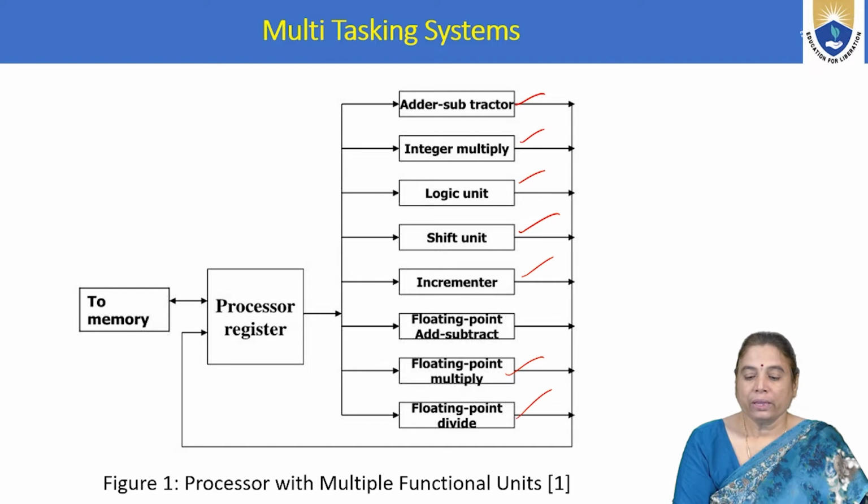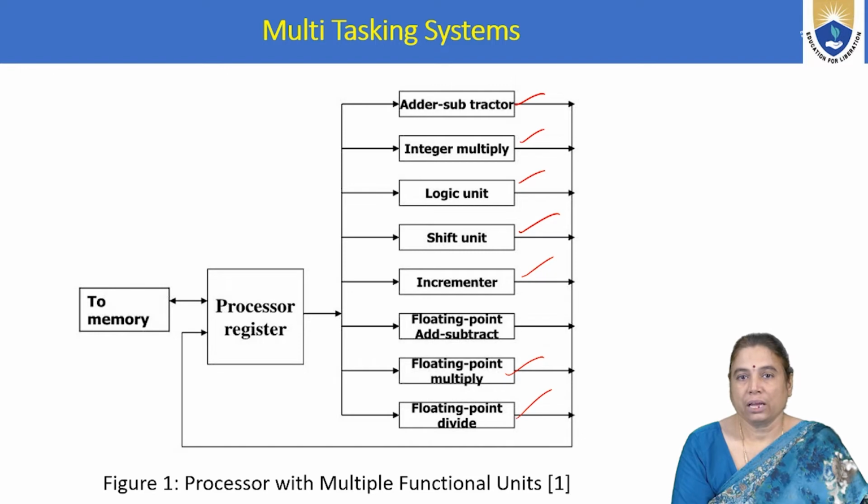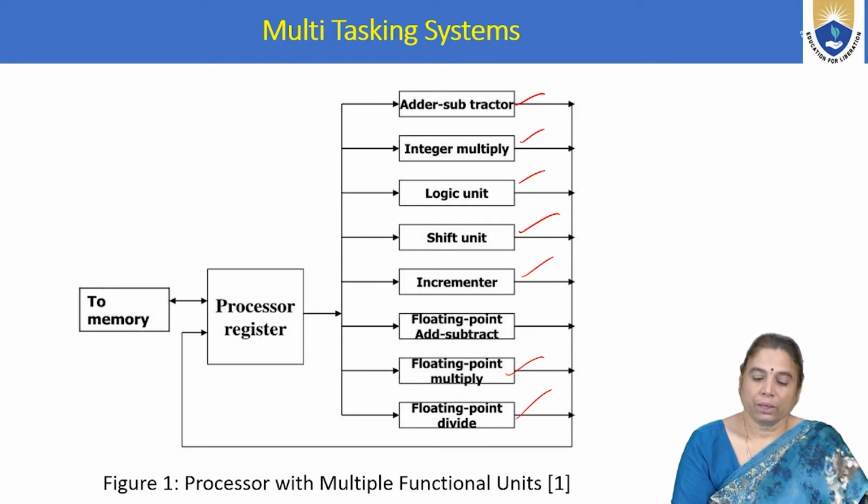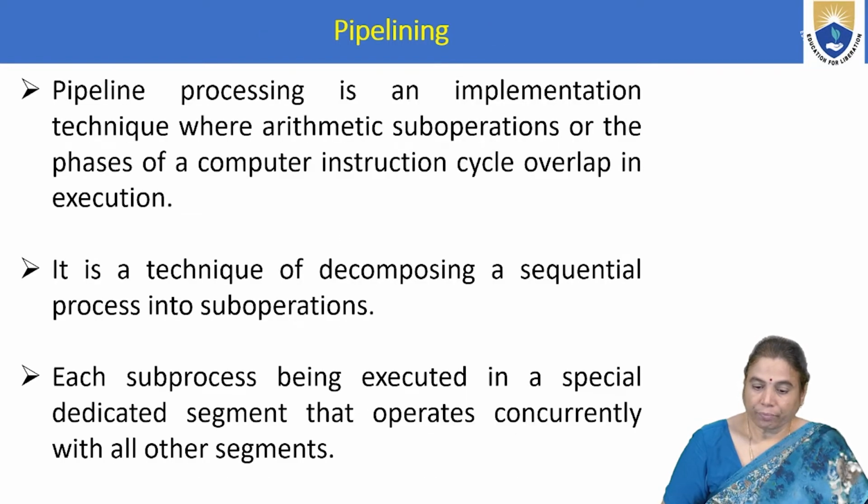Here the task has to be divided into subtasks, and each operation can be carried out with a specialized functional unit for that particular task in a multitasking system which has multiple functional units. This is one way to perform parallel execution of instructions.